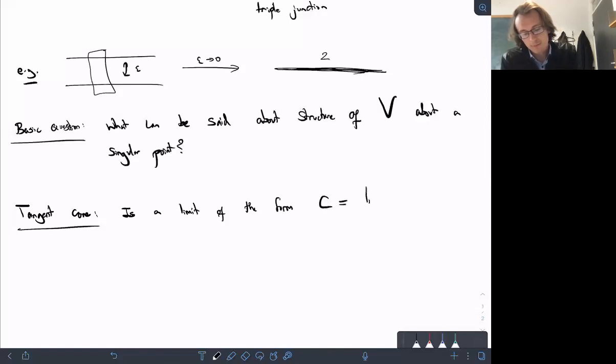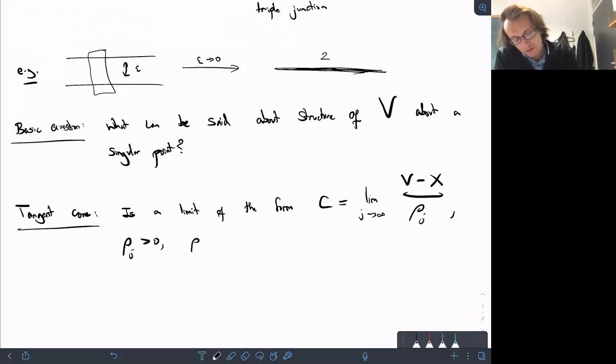C is the limit, as varifolds now, so as random measures, as j goes to infinity of some translation and rescaling by some sequence rho j, which are positive numbers that go to 0.